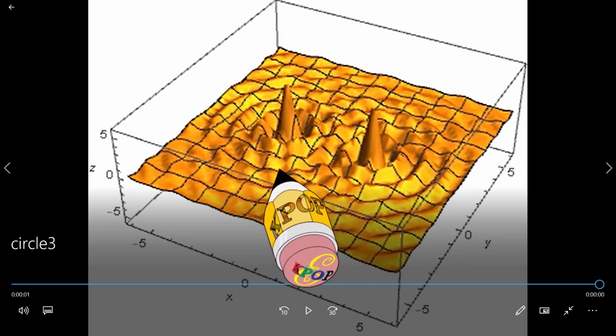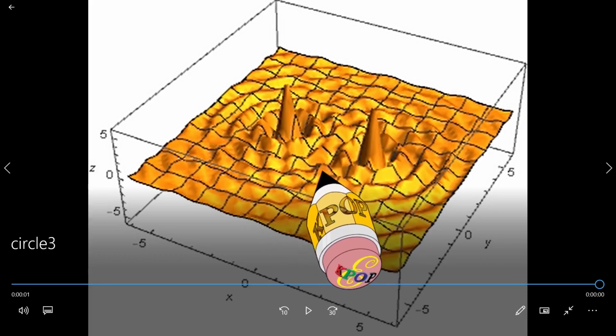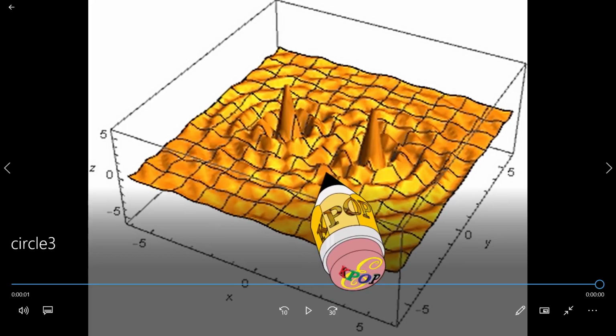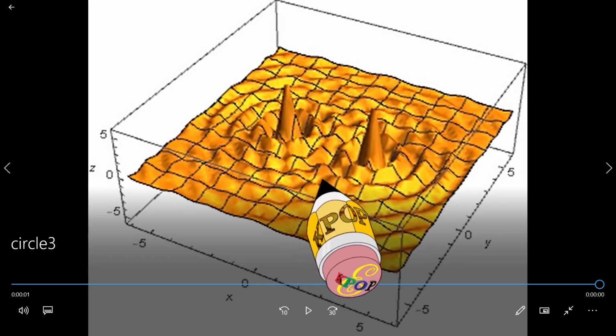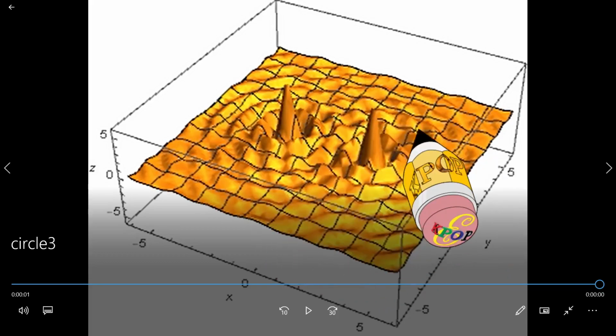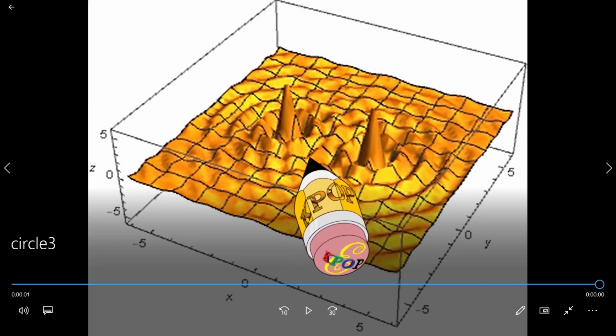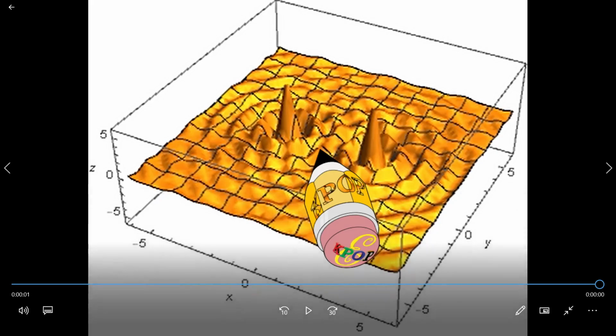If we average over time, the displacement from the equilibrium position is expressed as the contour of the strength of the oscillation of the resultant wave.